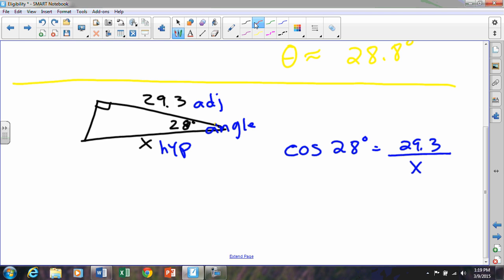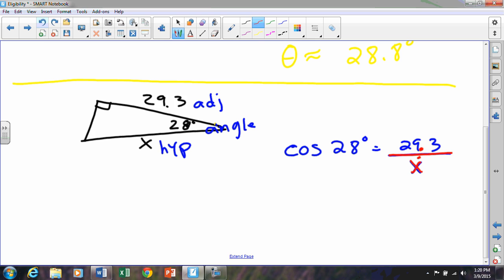The most common error that people made on this particular problem was multiplying by 29.3. Yeah, you're right, Dante. We're not supposed to multiply by the 29.3 because this is a problem that is set up divide by x.